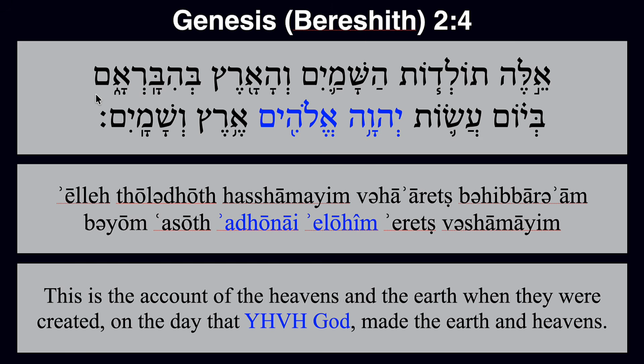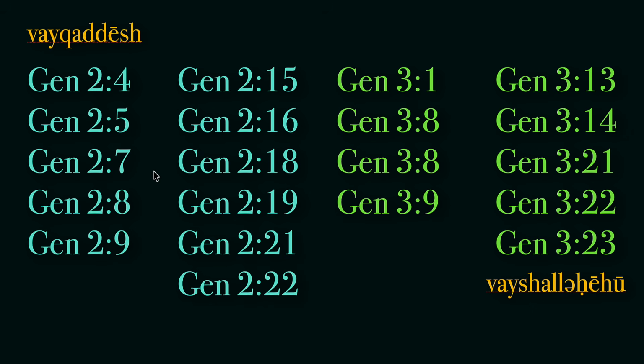So the point I'm making is, in this section of chapter 2 and chapter 3, in all the 20 times that we said it occurs in the book of Genesis, before the first time Hashem Elohim is introduced, a sanctification was made, YHWH. And then Hashem Elohim disappears once Adam was kicked out of the Garden of Eden.